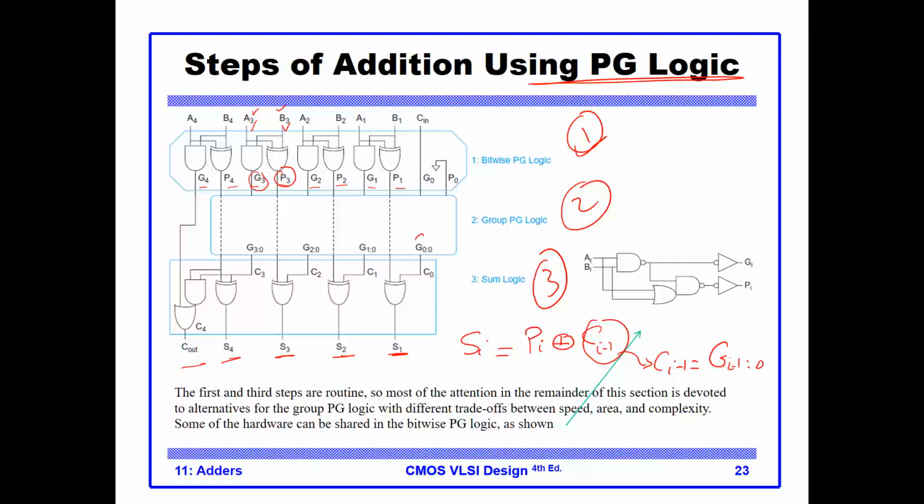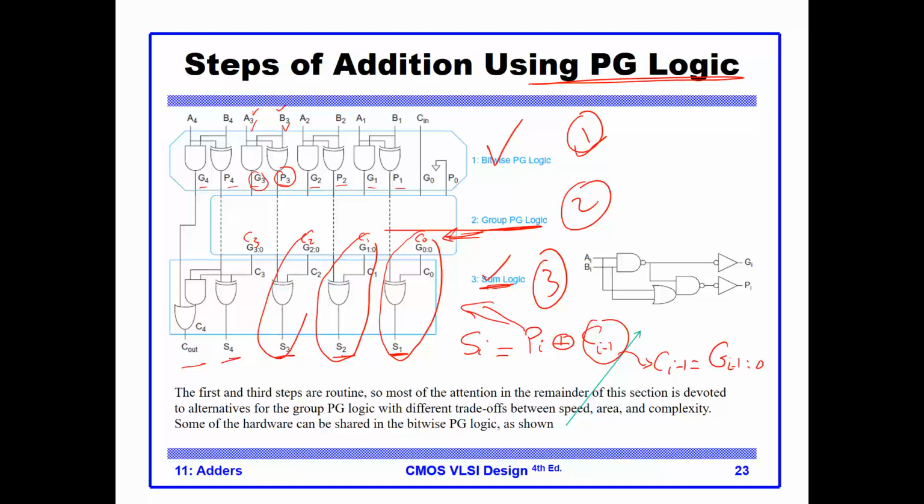So this is C0, this is C1, this is C2, this is C3. Notice that these C's are used to generate the sum. In this stage I use the PG logic, and in the last stage I generate the sum using this equation. Okay, three steps. And it turns out for these adders, the very first step and the last step are the easiest.